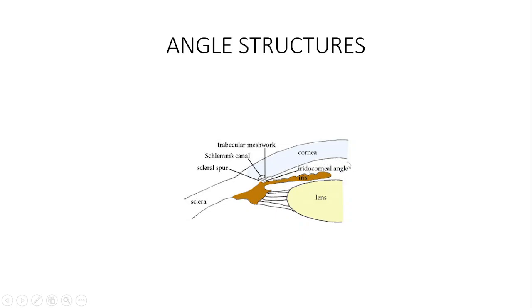After it has reached the anterior chamber, it goes through the iridocorneal angle, specifically through the trabecular meshwork. From the trabecular meshwork, it enters Schlemm's canal. From Schlemm's canal, it enters the scleral spur. From the scleral spur, some of it may go through the ciliary body band.